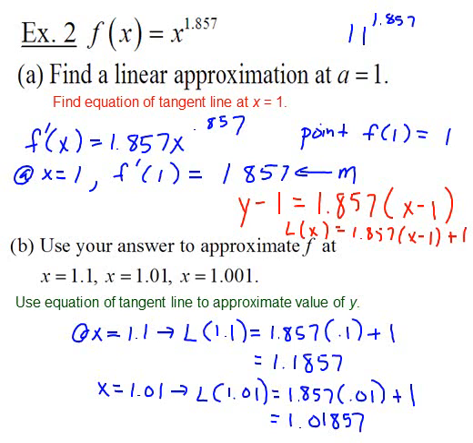I can't fit x equals 1.001 on the screen, but if you follow the pattern, you can predict that L of 1.001 will be 1.001857, which is an approximation for 1.001 raised to the 1.857 power.